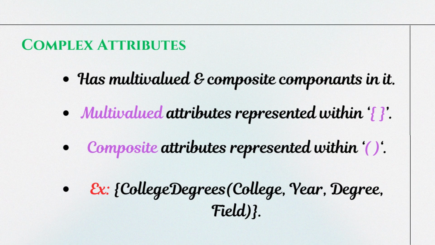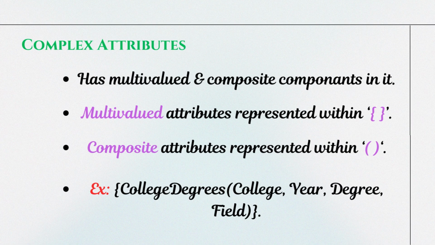This is an example of a complex attribute. Here, college degrees, which is represented within curly brackets, is a multi-valued attribute because one person can have more than one degree. And within the parentheses is the composite attribute. So this is about complex attributes.